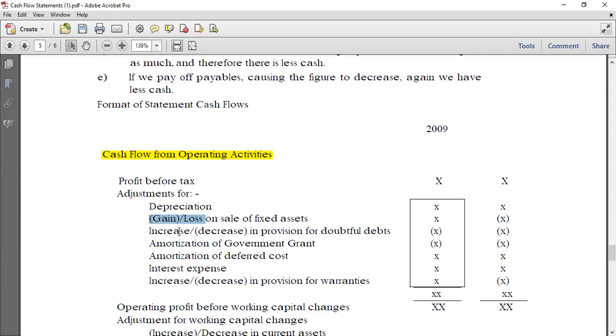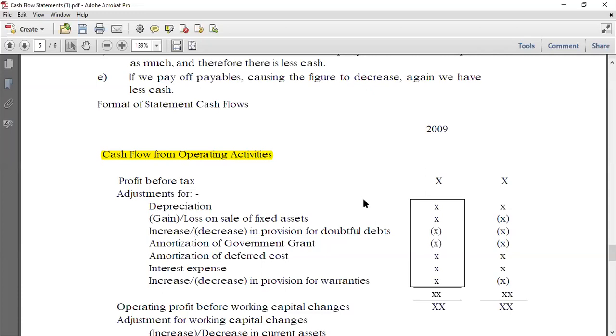The same thing also happens with the increase or decrease in provision for doubtful debts. Now, remember what we said with the increase in doubtful debts? An increase in provision for doubtful debts is added to our expenses, but a decrease in provision for doubtful debts is actually added as an additional income, if you remember how to treat provisions.